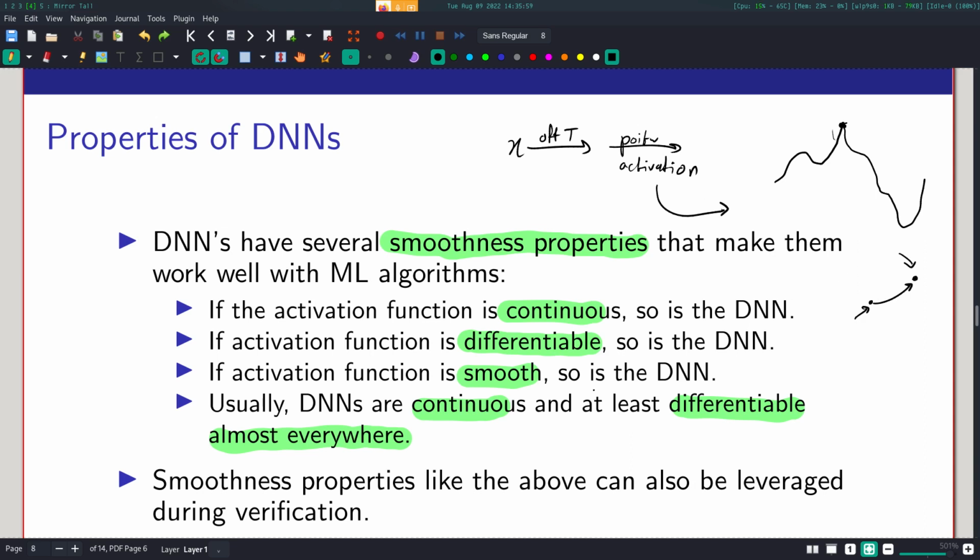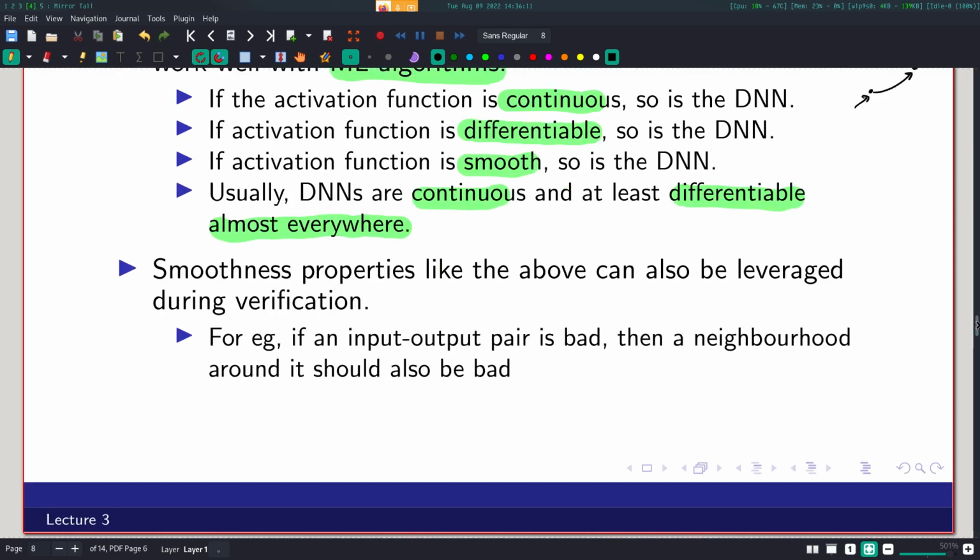These sorts of conditions are really important for ML algorithms, but they're also really important for verification. We can use them as well. The people who train neural networks depend on them, and we can also leverage them as people who are trying to verify neural networks.